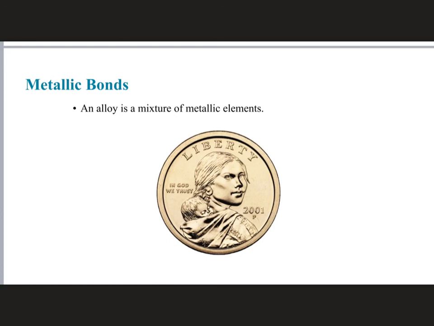Here we see an image of the Sacagawea dollar coin, which consists of a copper core covered in an alloy of copper and zinc and manganese, which were combined in just the right proportions to give it that characteristic golden color.